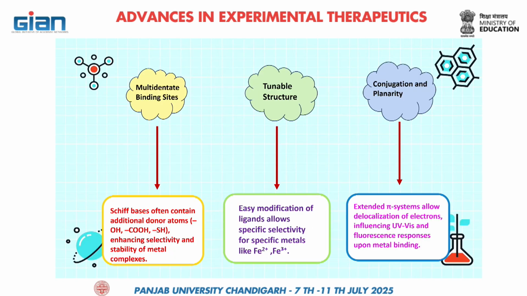Now we are explaining the properties one by one. Schiff bases often contain additional donor atoms like OH, COH, enhancing the selectivity and stability of metal complexes. Each modification of the ligand allows specific selectivity for specific metals like iron.